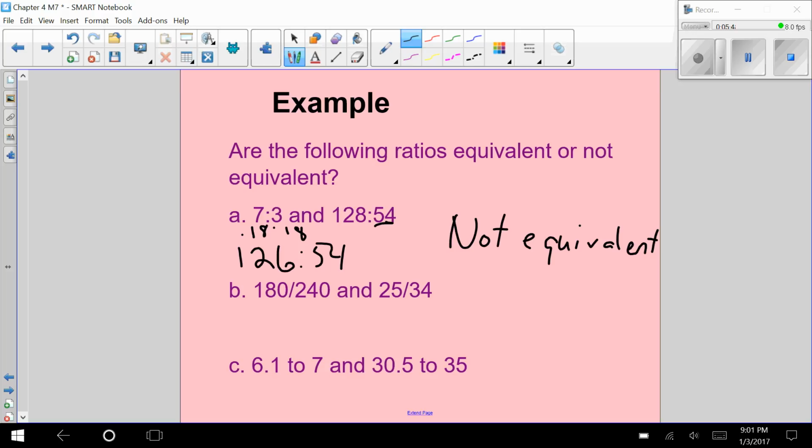All right, 180 over 240 and 25 over 34. Couple different ways we could do this, but I'm going to take 180 over 240 and I'm going to simplify it down by dividing the top and the bottom by 60. So I get 3 over 4. Well, 4 doesn't go into 34, but it does go into 68.